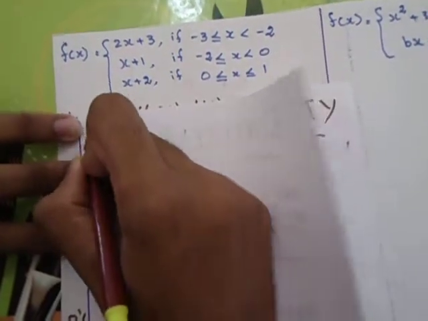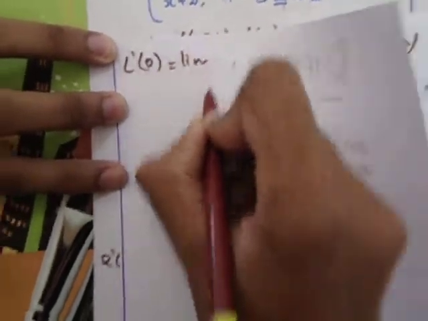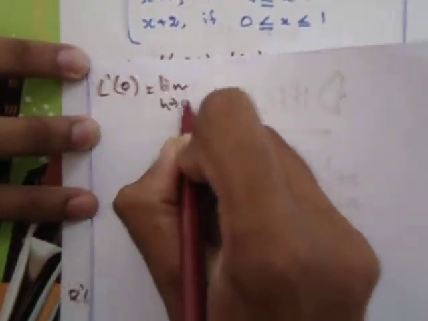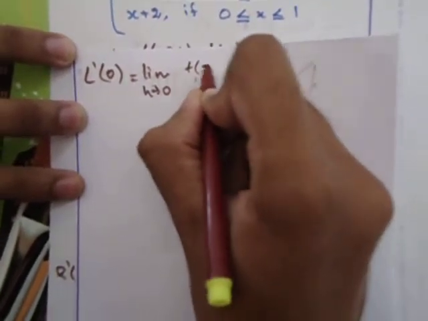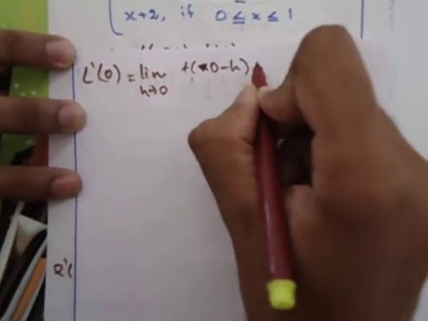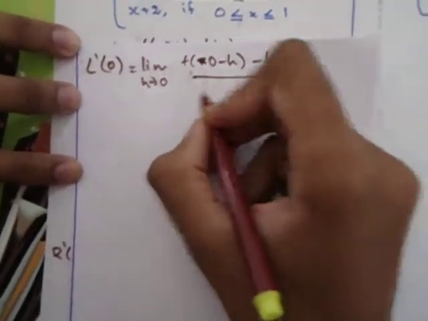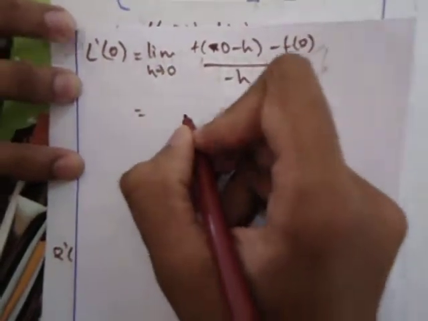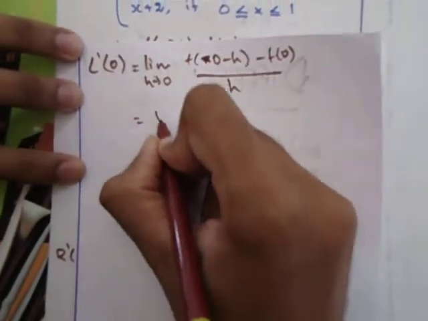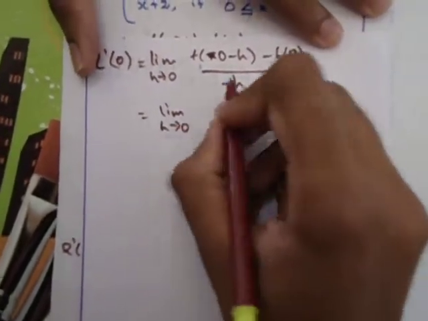So the left derivative at 0 is limit h tends to 0 f of x, in this case 0 minus h, minus f of 0 by minus h. So this is limit h tends to 0.